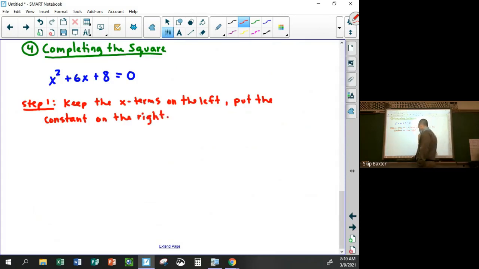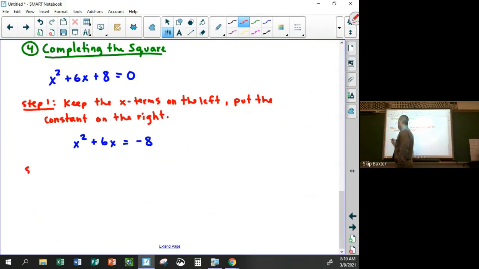So I'm going to take the 8 and just move it over in this case. x squared plus 6x equals negative 8. That's step 1.